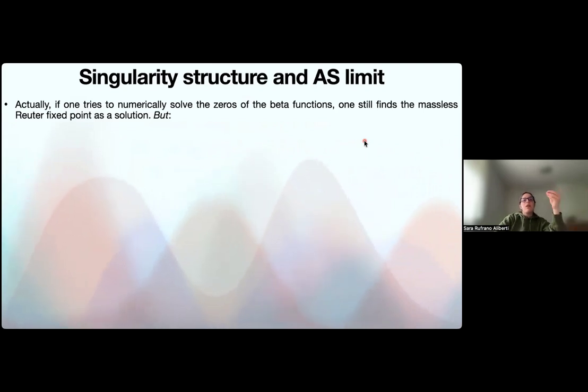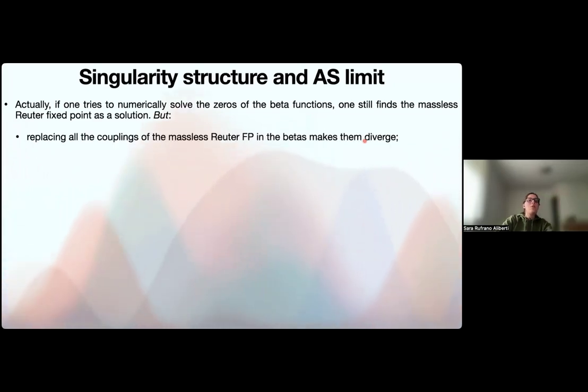Because actually, if we try to numerically solve the fixed point equations, we still find the Reuter fixed point as a solution. In order to be 100% sure about this, we replaced all the couplings of the massless Reuter fixed point in the betas.